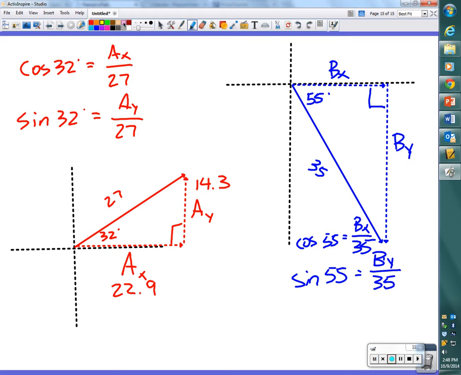So those are those two components. Anybody do the B ones? Bro, what do you got? 20.1? And everybody good with those?